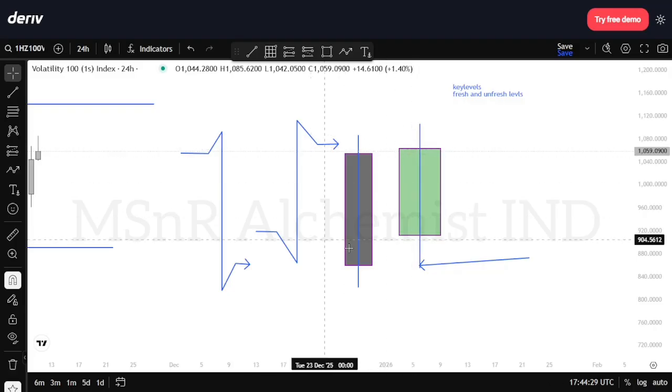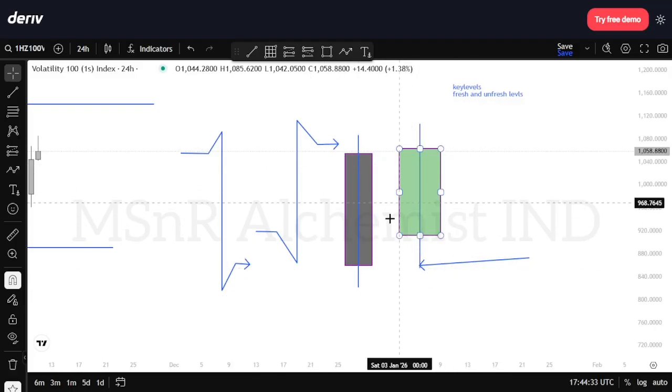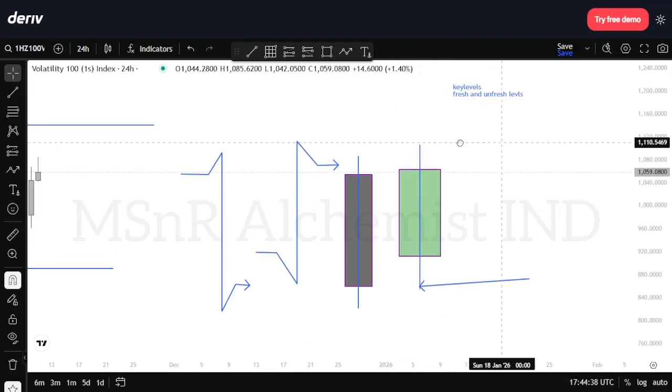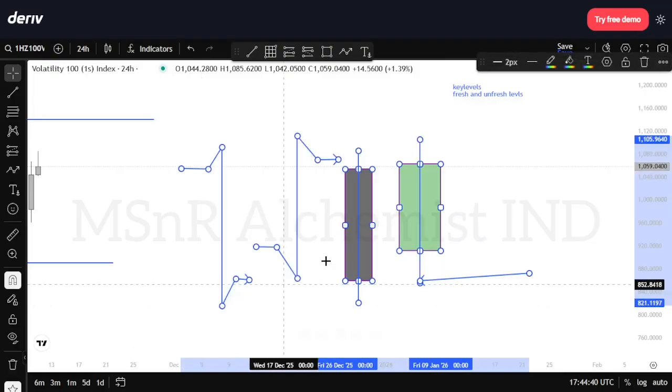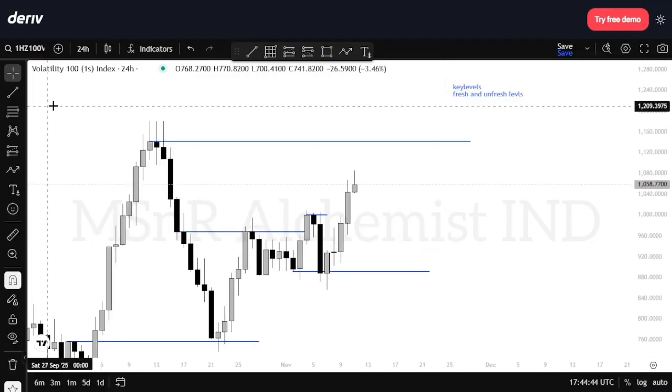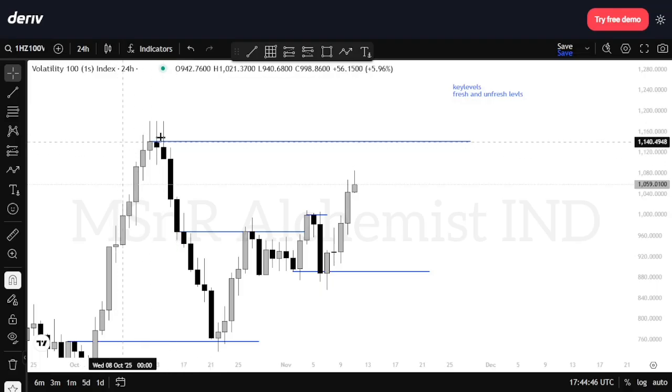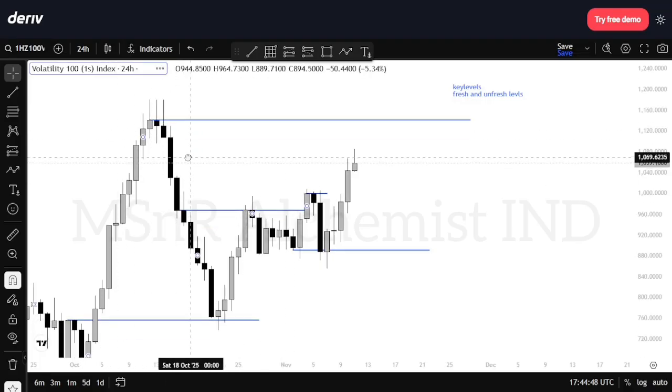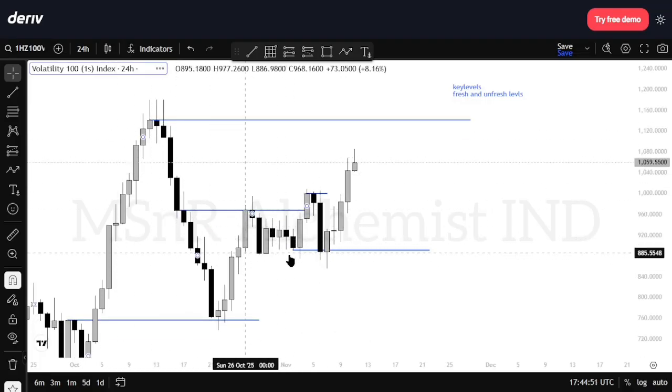In a sell candle, the closing is always in the lowest part, and in a buying candle the closing of the candle is always in the highest part. Let me delete these things. That's why I mark resistance on the upside and support below.